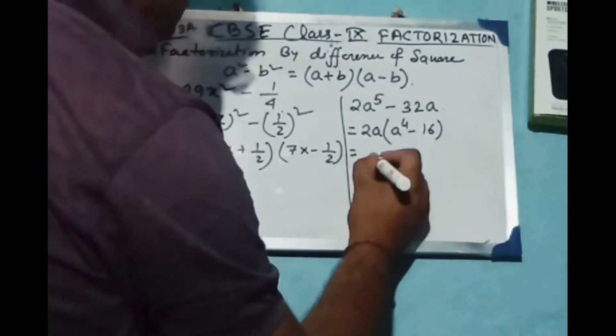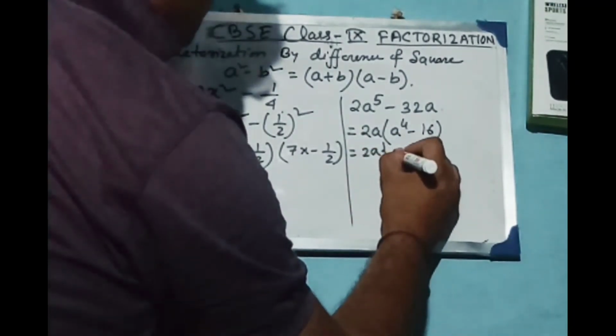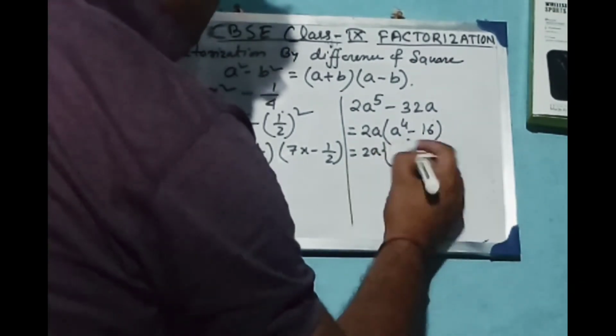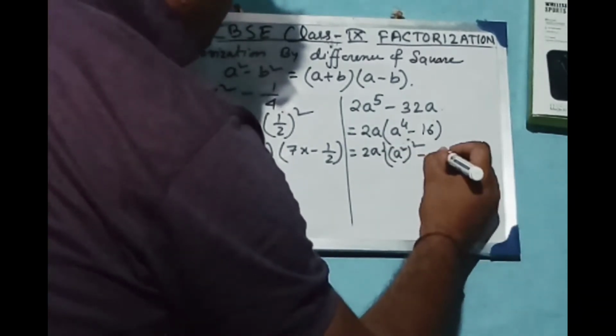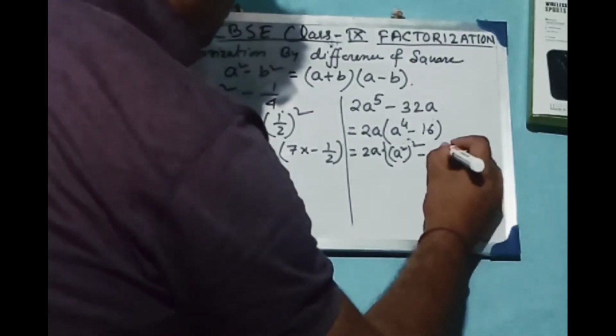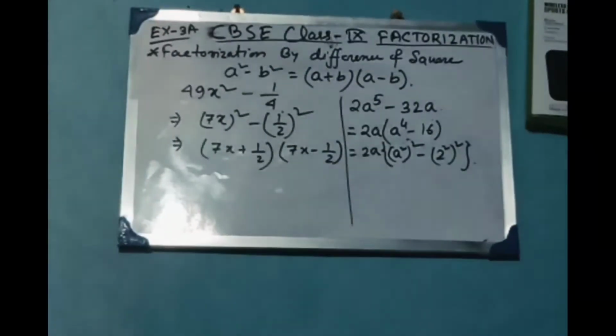That equals 2a into this can be written as a square whole square minus 2 square whole square. Hope you are able to understand it.